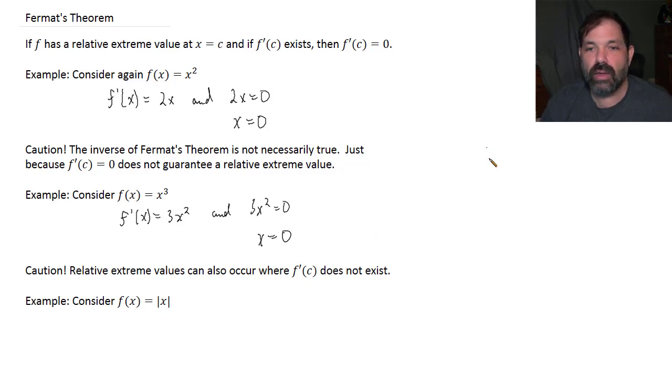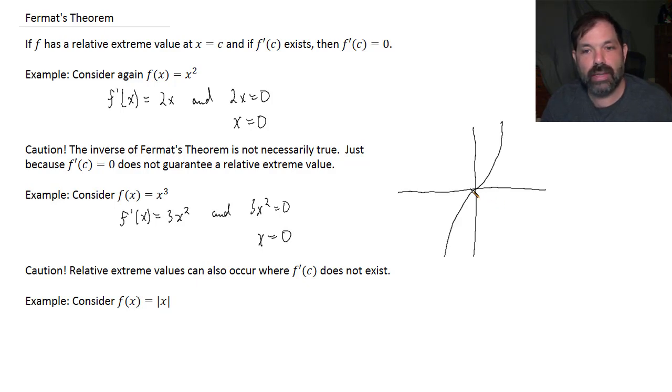But if we think of the graph of x cubed, the graph of x cubed looks like this. Right? There's roughly the graph of x cubed. It flattens out a bit here when x equals 0. Right? It flattens out, but it's not a relative extreme value.